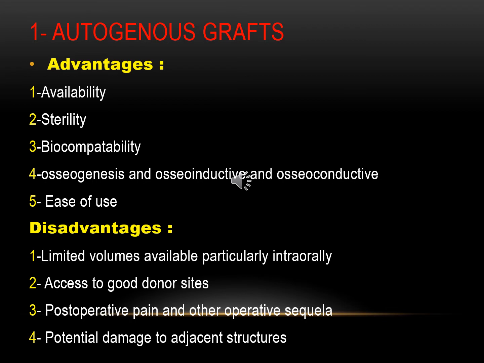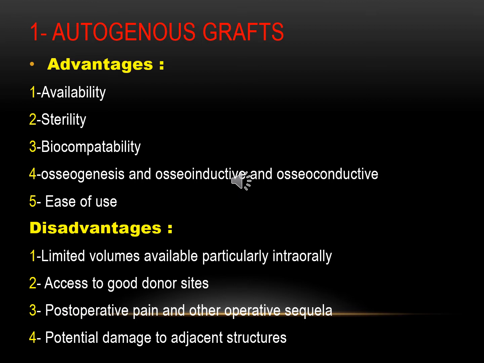Three, post-operative pain and other operative sequelae. Usually using autogenous graft is combined with more pain, more swelling, more bleeding than the other types of bone graft. Four, potential damage to adjacent structures.